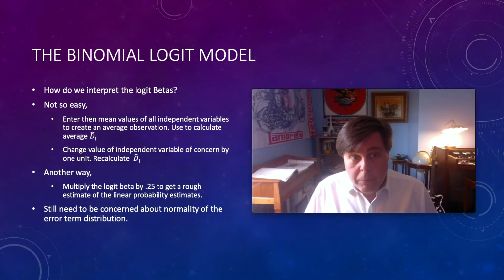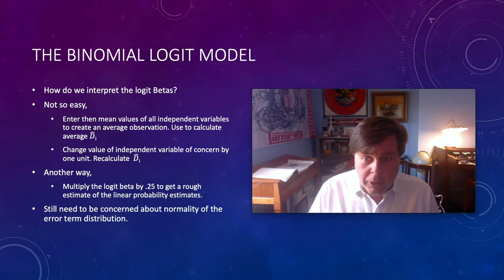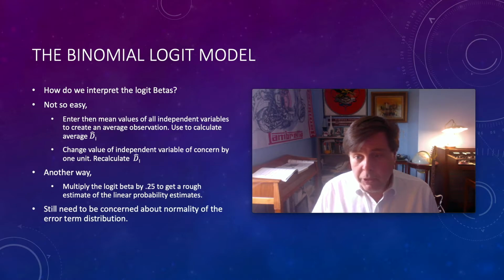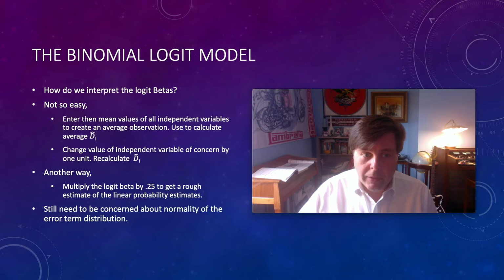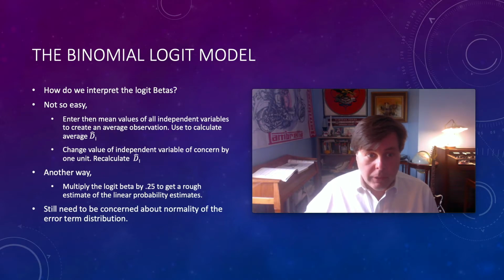Now, when employing logistic regression, it is quite a bit more complicated than simple OLS-style regression in terms of interpreting the coefficients or the betas. There are several different processes for interpreting the betas. One way is to enter the mean values of all the independent variables.